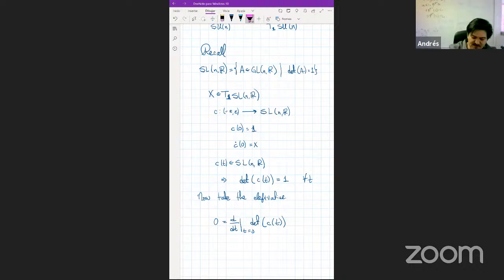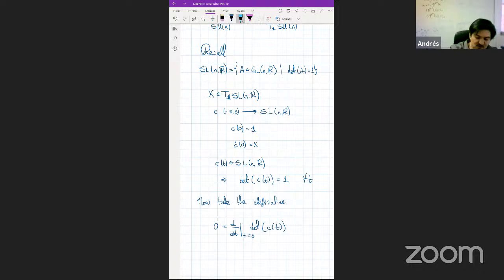If I take the derivative of this, on one side I will get 0, because it is a constant, right? The derivative of this with respect to t is 0. Now let's compute the derivative of this with respect to t and evaluate it at 0.